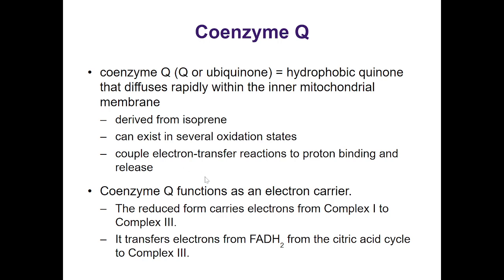Your coenzyme Q is going to function as your electron carrier. So it's going to be reduced and carry electrons from complex 1 to complex 3. So again, you reduce it, it carries the electrons. Reduced means extra electrons on, right? It also transfers electrons from the FADH2 from the citric acid cycle to complex 3 as well. And that would be the complex 2 portion of that.